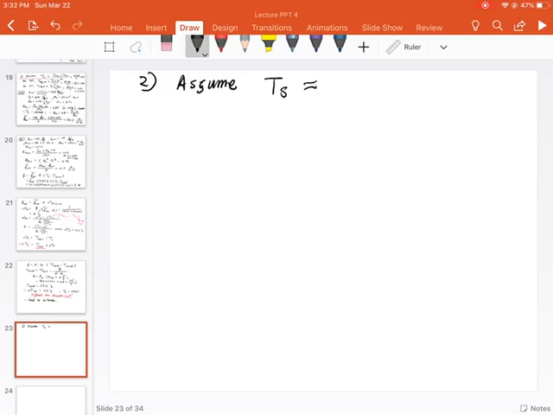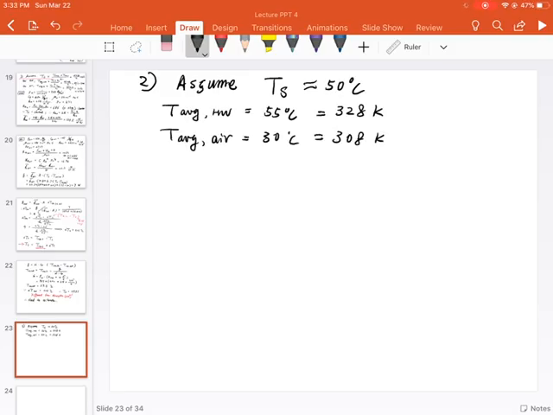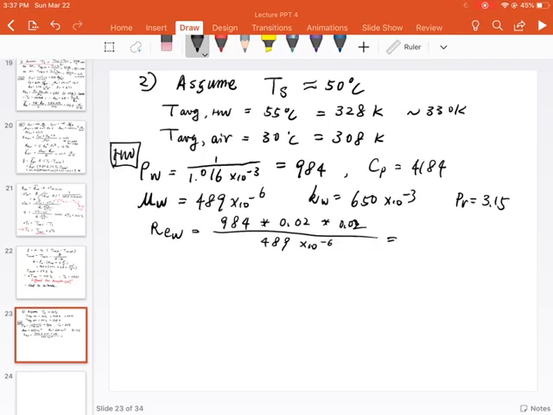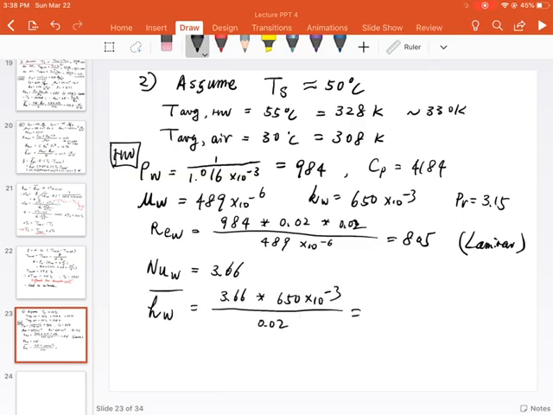Then look for the properties. Re is 805. It is still laminar. Nu is 3.66, and we can calculate the water side convection coefficient. That's the hot water side.